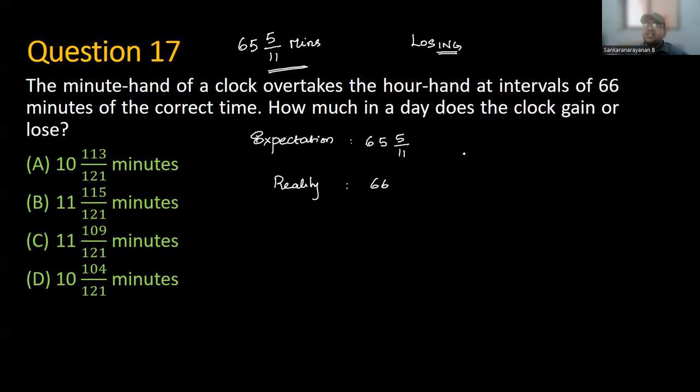So going by this logic, 66 is more than 65 and 5 by 11. So we can see that the clock as such is losing time. It's not gaining time, it's losing time. So we can see that the time lost, read it carefully, in 66 minutes, when the clock or the watch runs for 66 minutes, the time lost is equal to 66 minus 65 and 5 by 11.